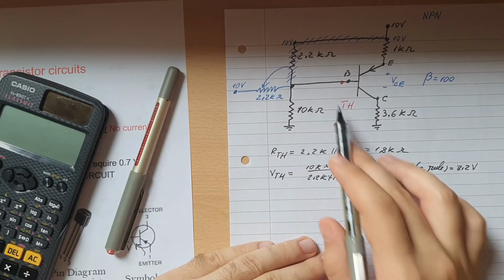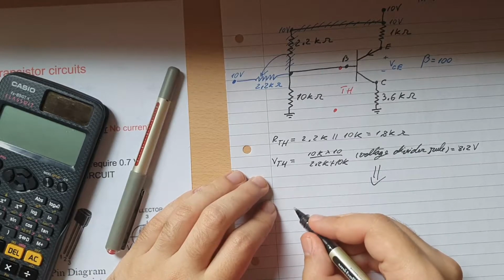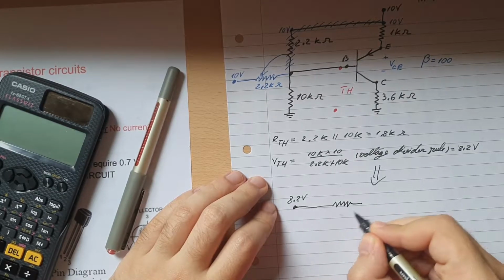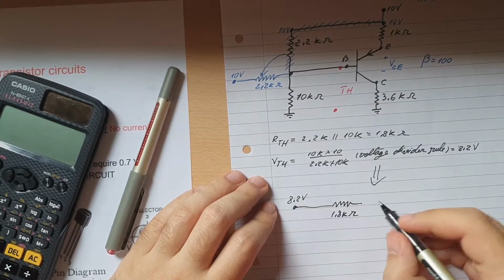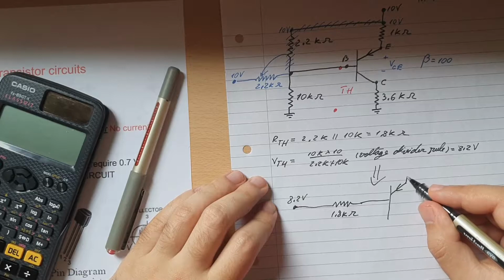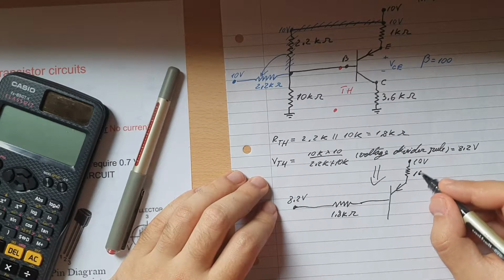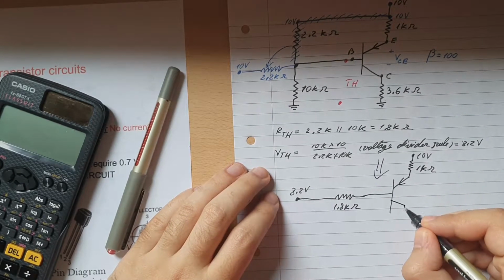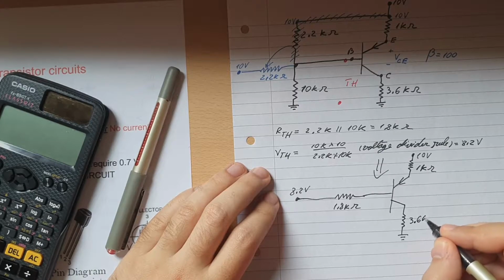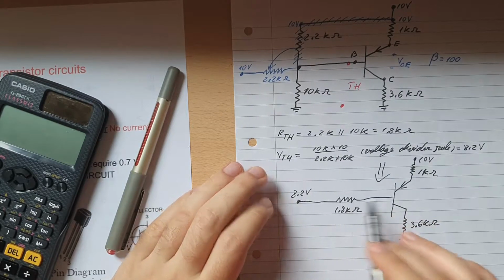So because we know these two and we replace the circuit from this side with an RTH circuit, then we can redo the diagram like this. There will be the 8.2 volts coming as the input, there will be the resistance of 1.8k ohms, okay, then there will be this one with the point IE, and the resistance again with the 10 volts at the top, and this one will be 1k ohms, and at the bottom here another resistance with the ground, and that will be 3.6k ohms, because remember we only change this section going that way, so we only have this one for the base.